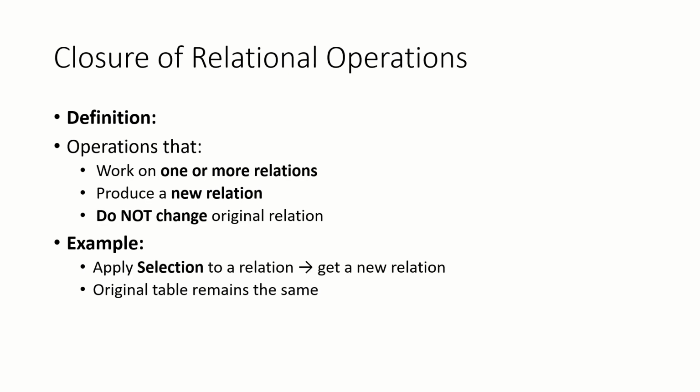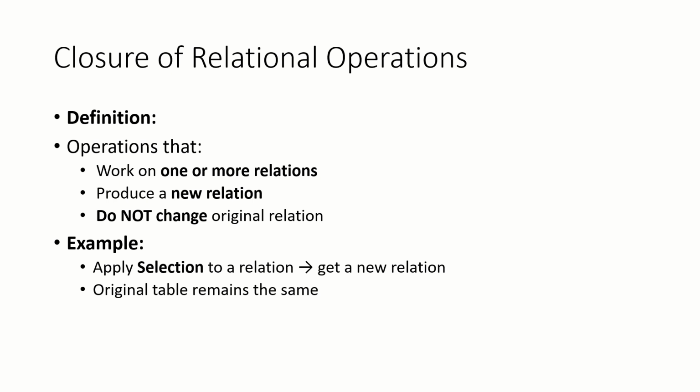So, closure of the relational operations. So basically, you need to work on one or more relations. Based on those relations, you need to produce a new relation. We do not change any original relations.